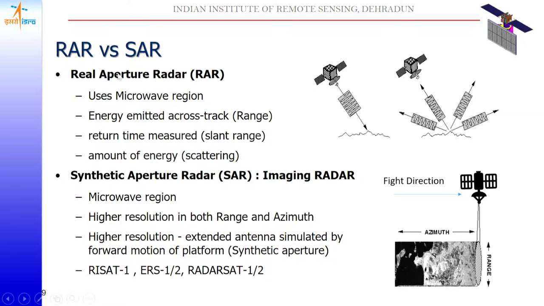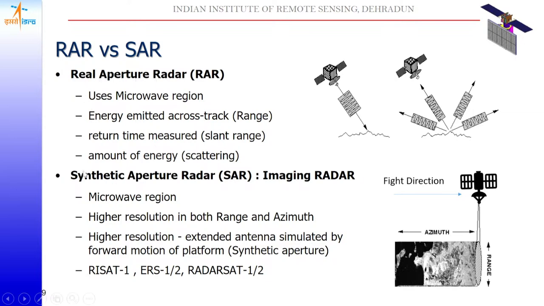So in a normal radar we have only the time delay concept, meaning how much time it takes to get the signal, plus some backscatter information. So we cannot get images from a normal radar. That is called the real aperture radar.